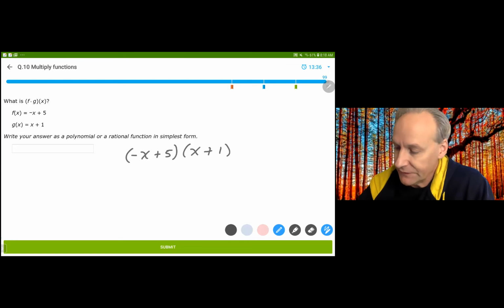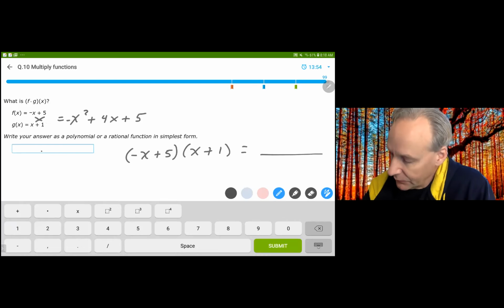And there's a really good reason for that because it's really easy to see it. Negative x times x is negative x squared. The 5x minus x is 4x plus the 5. And we're done. If you want to write it out like this, more than fair, it'll work. It's just that we want to do it easy. We want the easy way, right? Plus 5.